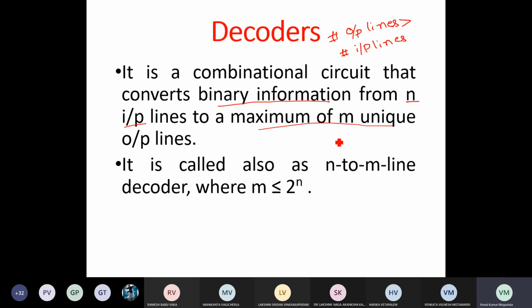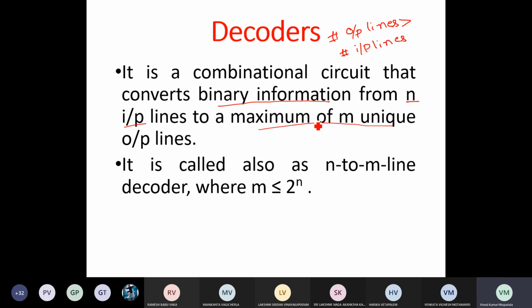It is retrieving the information back, whatever information is in the coded form. So that's why output lines are always greater than the input lines. So that is what it is, a combinational circuit that converts binary information from n input lines to a maximum of m unique output lines.